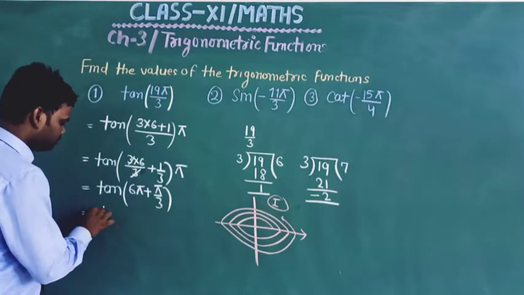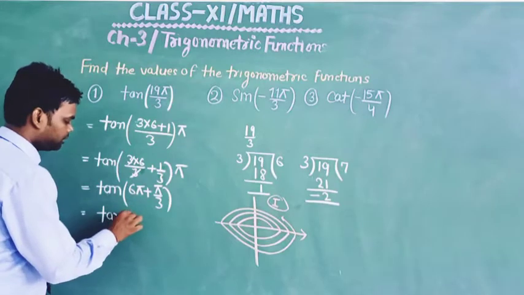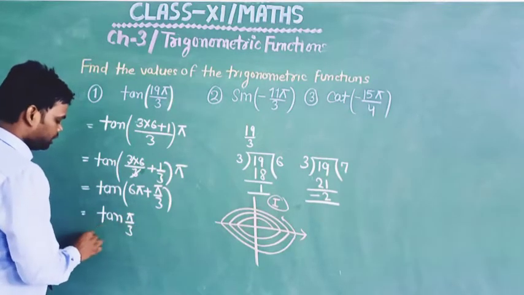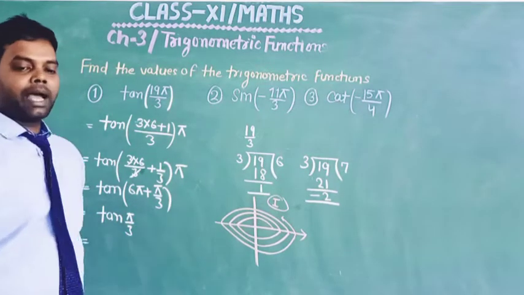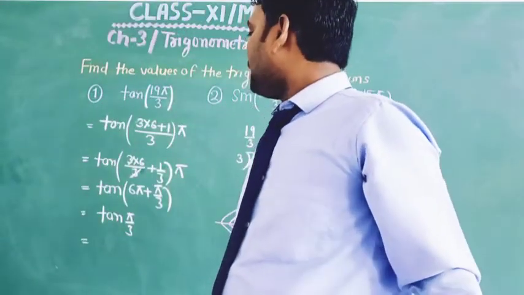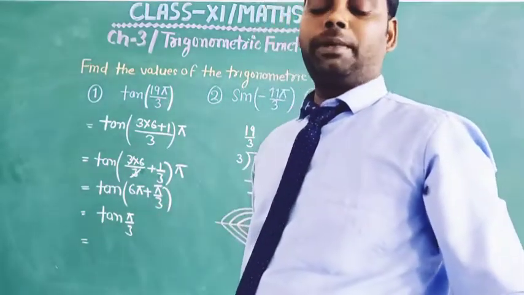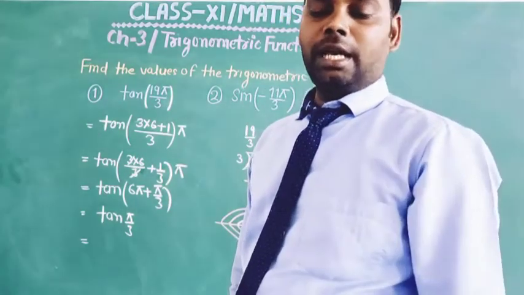So this is tan π/3. Okay, this is tan π/3. And now write the value of tan π/3.